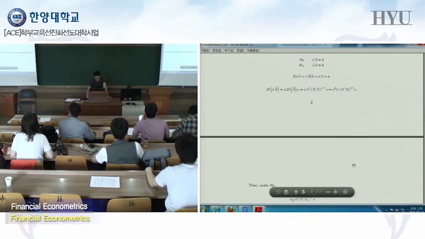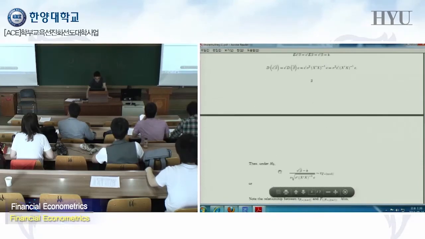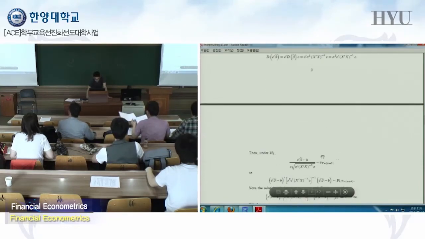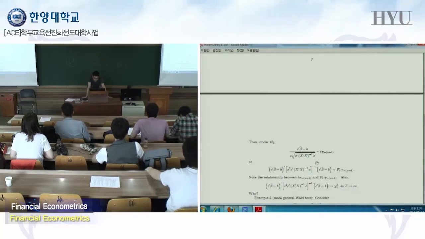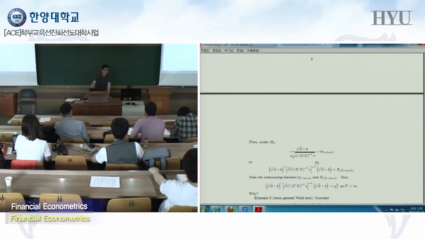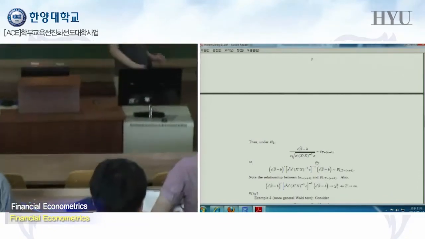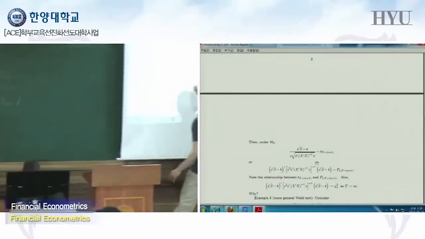Therefore, under the null hypothesis, C prime beta hat minus B divided by S times the square root of C prime (X prime X) inverse C should follow a t distribution. It is not a normal distribution because it is S, not sigma.